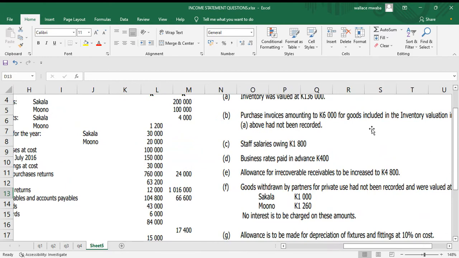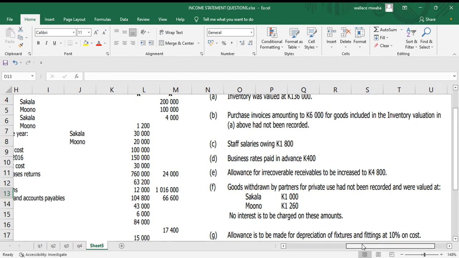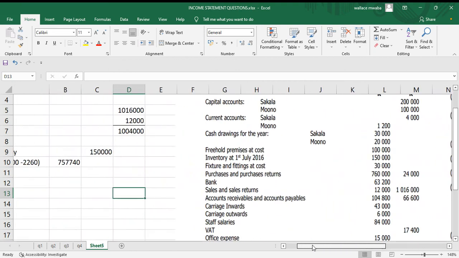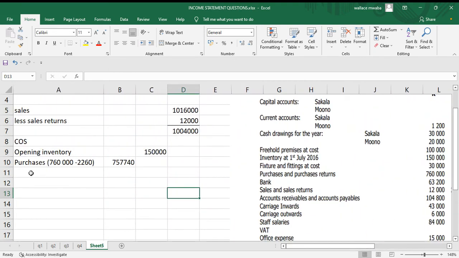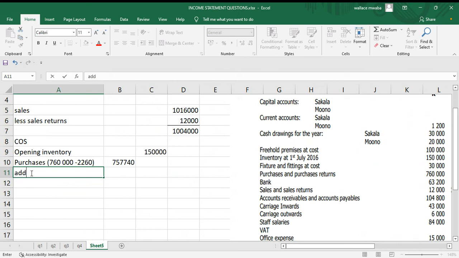Then you also, if you remember on our additional information, it says purchase invoices amounting to 6,000 for goods included in inventory valuation have not been recorded. So we're going to add that. So I'm going to say add error of invoice omission.